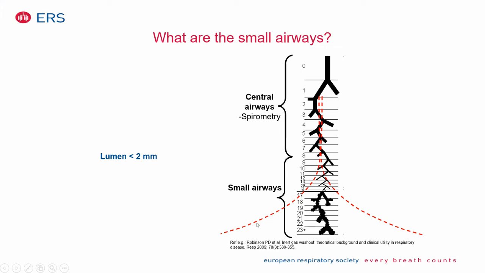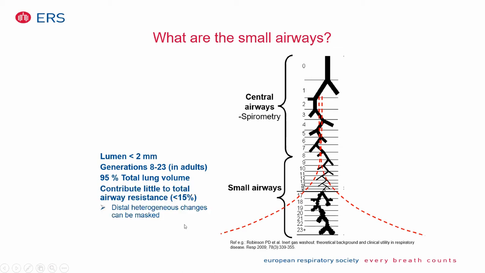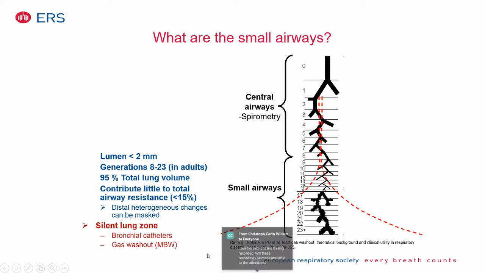Small airways have a lumen less than 2 millimeters, at least in adults. It's generation 8 to 23, I said that already, and they account for 95% of the total lung volume. Because the volume is so large, they contribute very little to total airway resistance, and therefore the changes in the small airways can really be masked using conventional lung function techniques.